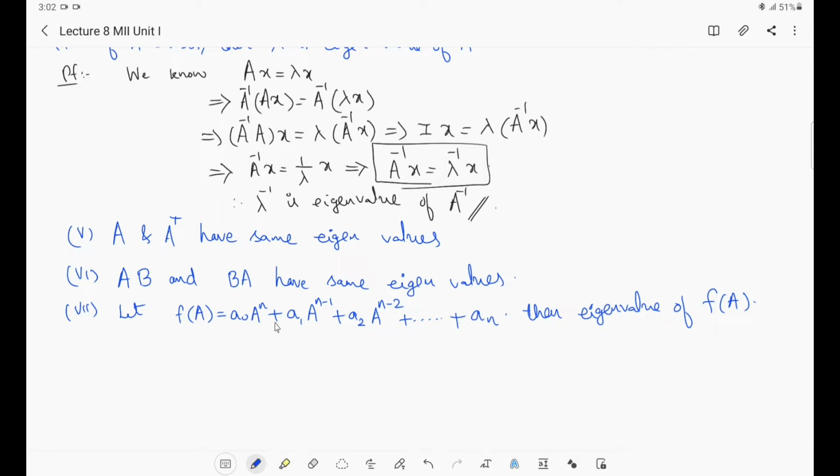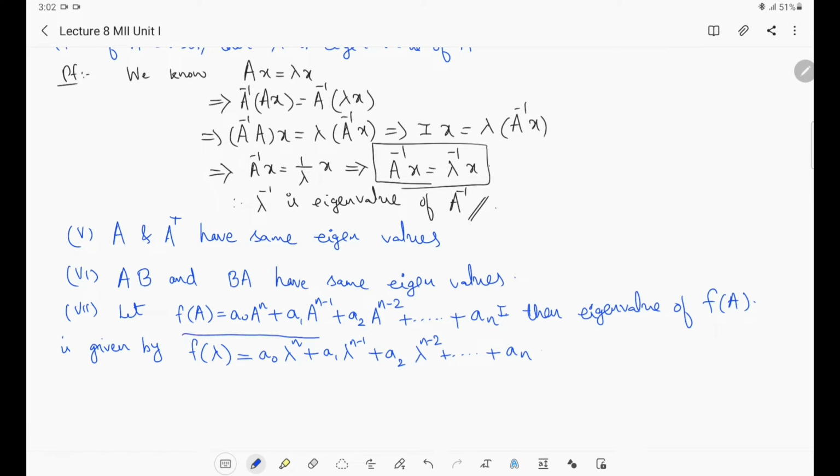This property says that if we are having an expression in a matrix, then the eigenvalue of that expression, that is, the eigenvalue of f of A, is given by just replacing A with lambda, where lambda is the eigenvalue of A. So for f of A, the eigenvalue will be given by f of lambda, which is a naught lambda power n plus a1 lambda power n minus 1 plus a2 lambda power n minus 2 plus and so on, plus an.